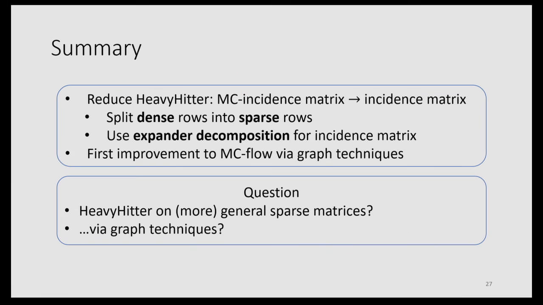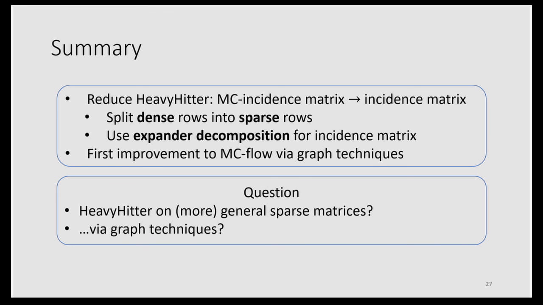Okay. So the summary here is that this HeavyHitter task on multi-commodity incidence matrices can be reduced to regular incidence matrices. That can be seen as a graph problem, and you can use things like expander decomposition to solve that efficiently. That's the first time we managed to use graph techniques to get a faster algorithm for this high accuracy multi-commodity flow.